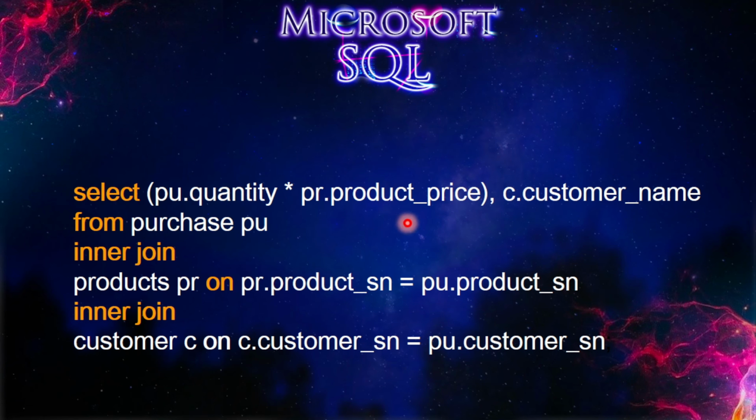So to get the sum, select sum of product price from products. If I don't type any condition, it will add all the product prices together, and you have 160. Now I can make it go with a specific condition so that it would run only the sum of specific products, not all of them.